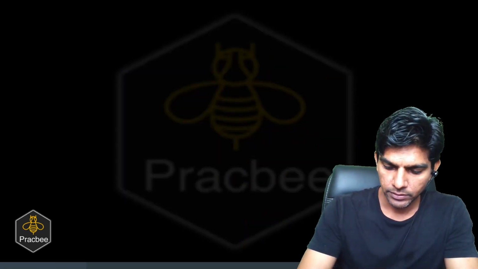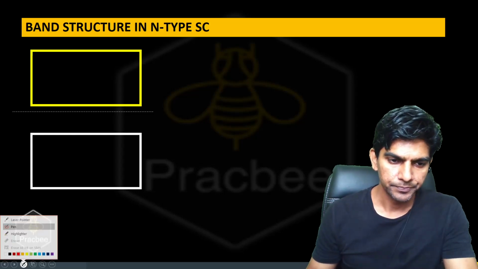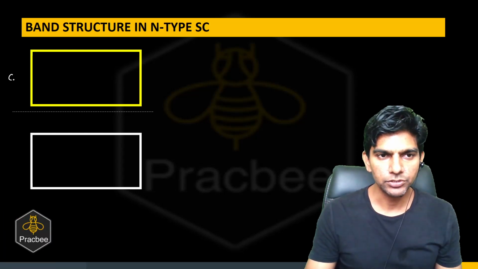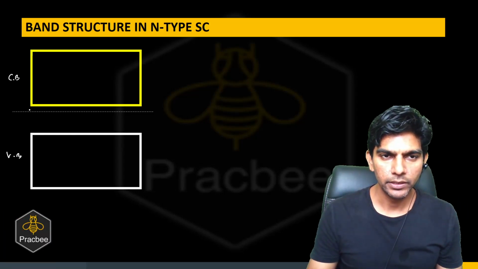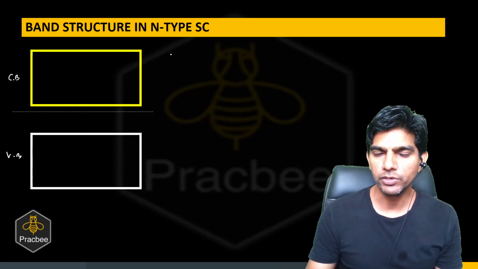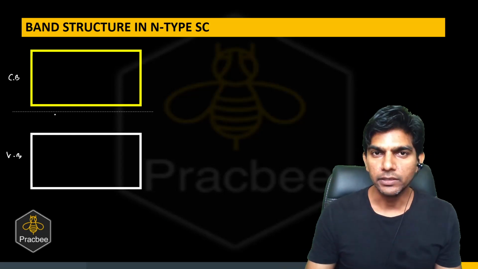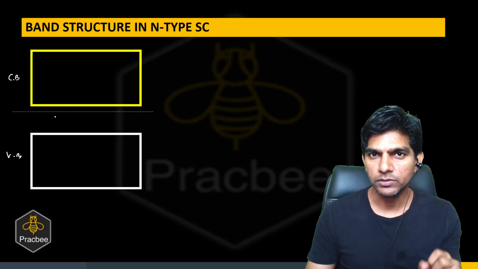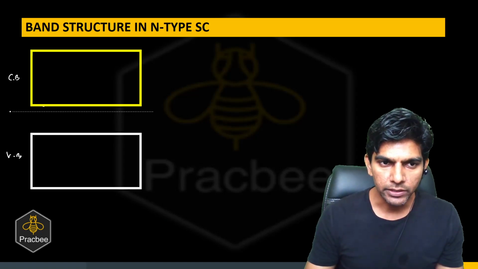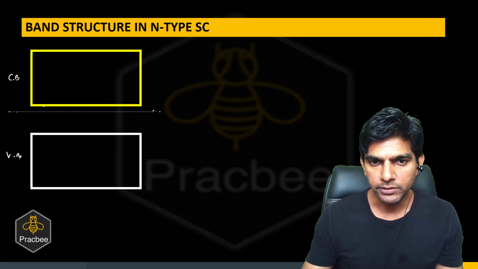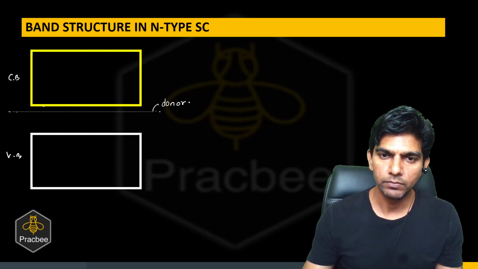Now let us see the band structure in N-type semiconductor. Here we have the conduction band, and this is the valence band. We know that there are some loosely bound electrons with the phosphorus atom, and they will move to the conduction band with a small amount of energy. Now a new energy level is created between these 2 bands, and this is known as the donor energy level.